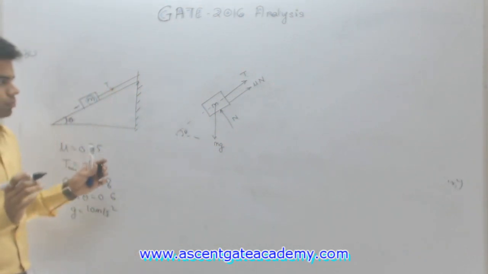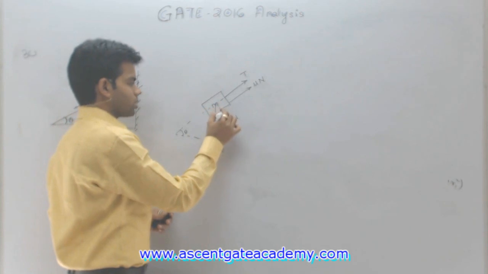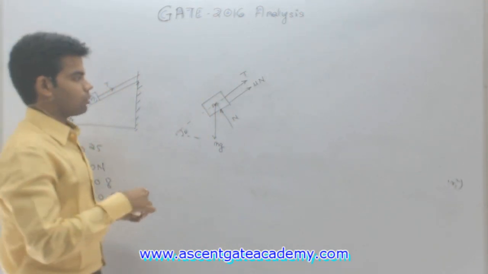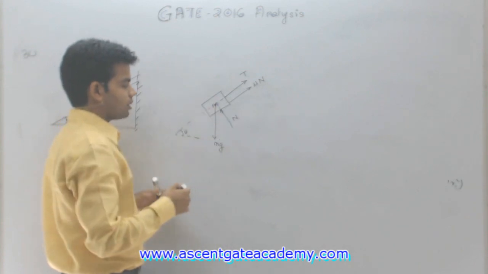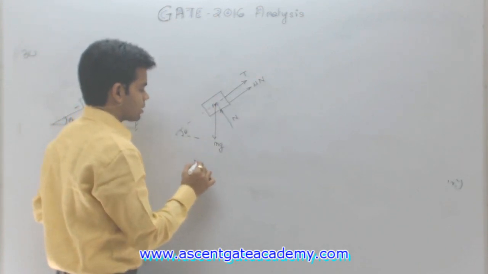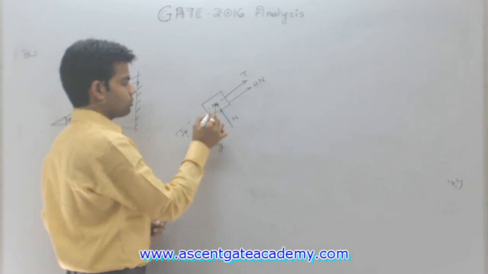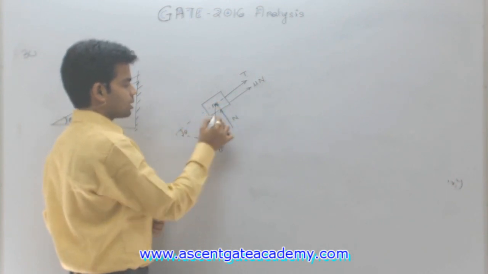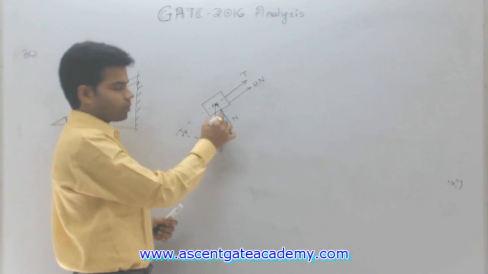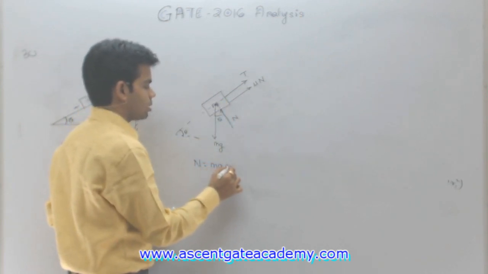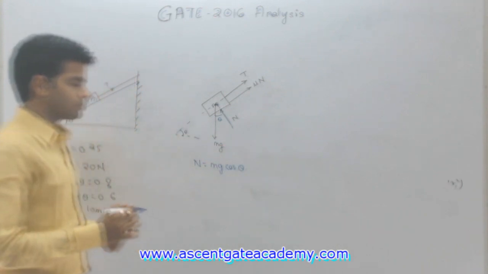Okay, now we don't have to do anything, we just have to resolve this. We just have to put the force equilibrium. Now in the direction of N, this N, the total upward force, will be equal to the downward component, because this angle is theta. So N will be equal to mg cos theta.